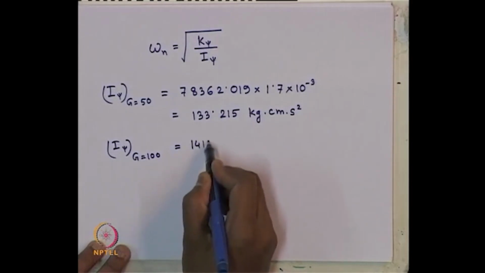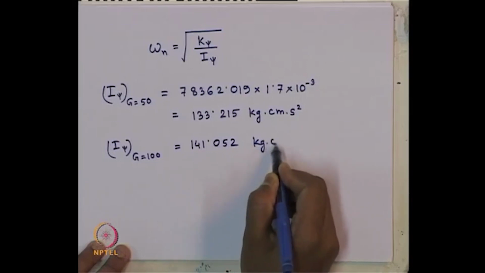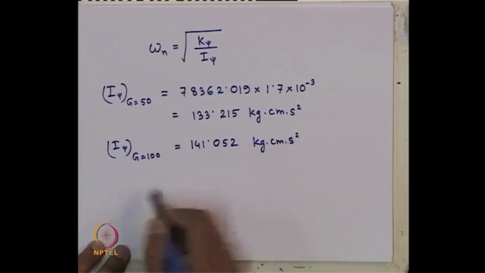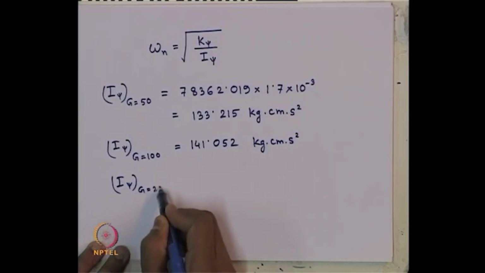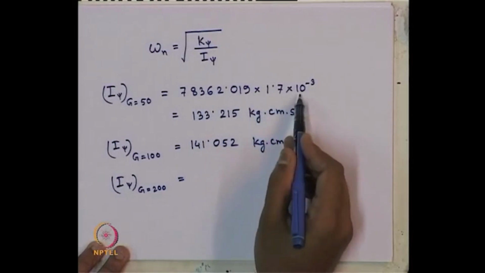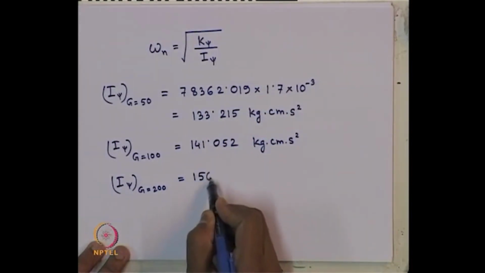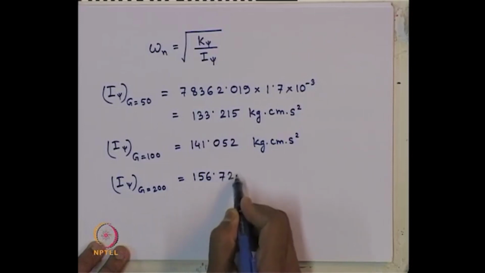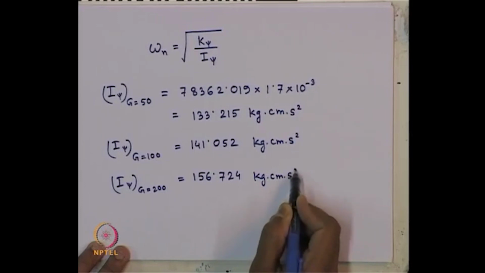So, 141.052. These are kg force actually, kg centimeter second square, and I psi for G equals to 200 will be this into 2 into 10 to the power minus 3. So, we will get 156.724 kg centimeter second square.